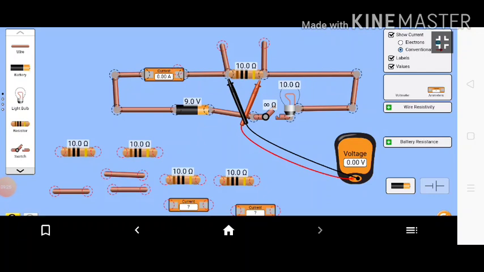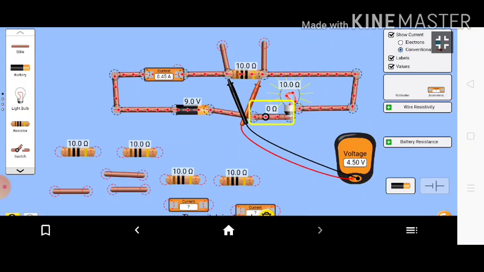Now let's use these circuit elements to complete this circuit and try to understand how current is affected by the resistance in the circuit. So you can see I have connected the same cell of EMF 9 volt.